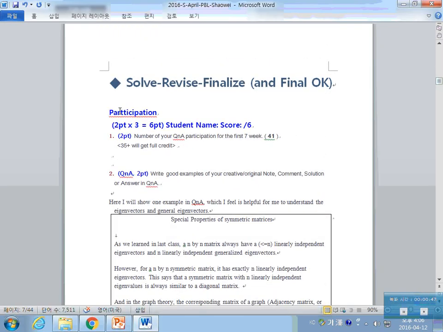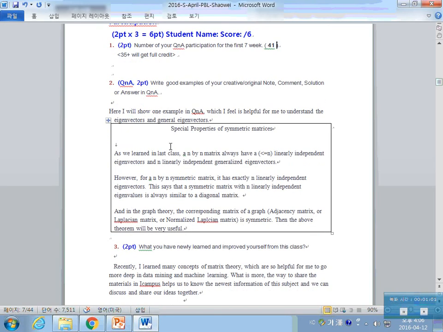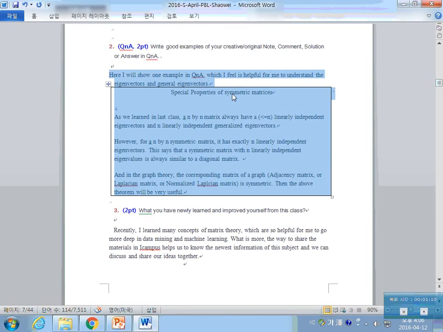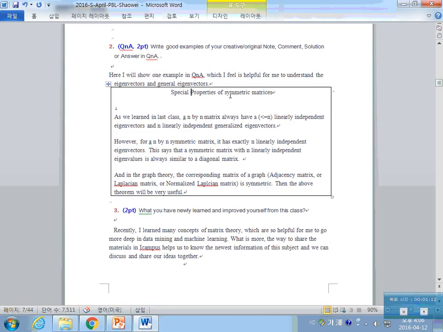So here is my participation in the Q&A part. Yesterday I made 41 comments in Q&A, and the comment I think is a good example is about some special properties of the symmetric matrix.